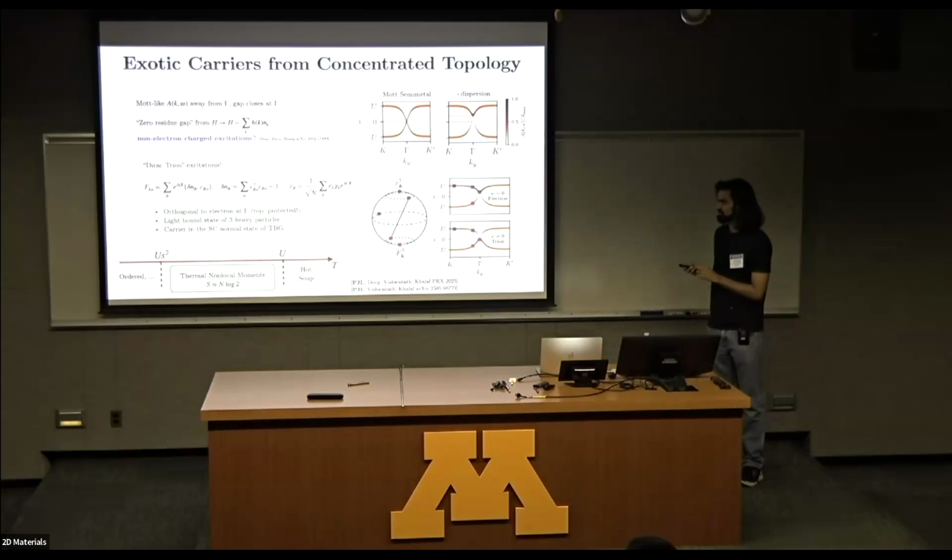And as a result, it's really made out of 3 really heavy things, like 2 heavy electrons and 1 heavy hole. But nonetheless, this excitation is arbitrarily light. And the way it works out is that away from the gamma point, this thing is hybridizing with the heavy electrons that are very localized. But at the gamma point, there aren't any of these heavy localized electrons for it to hybridize with. And so it's forced to go down to 0 energy.